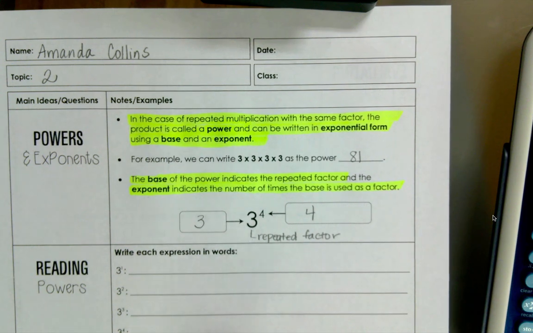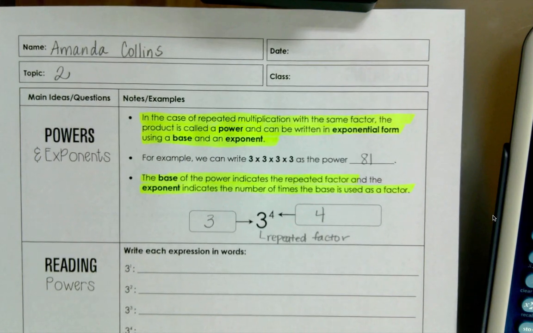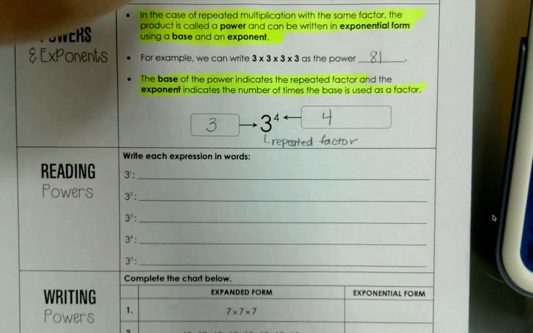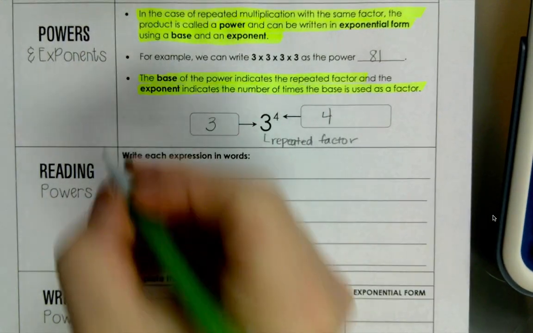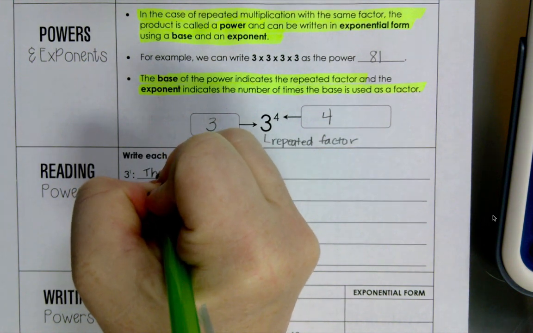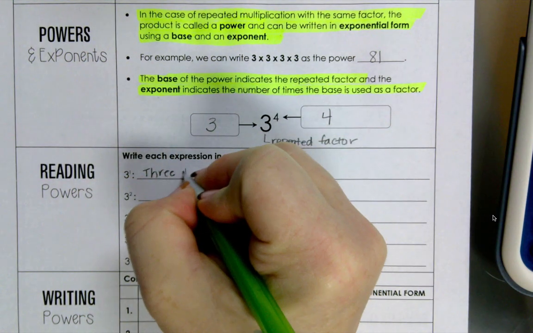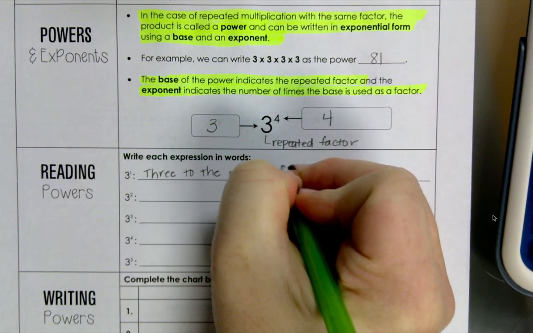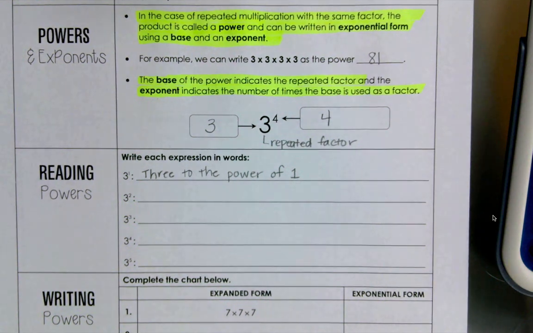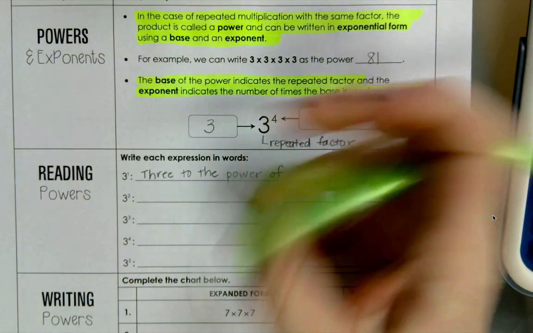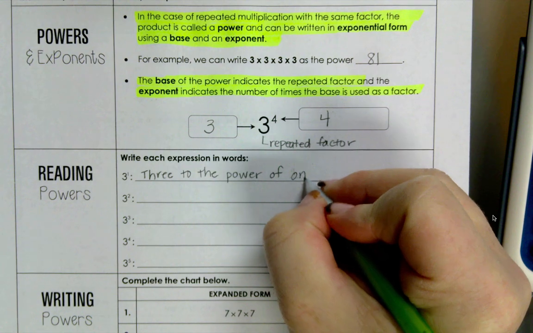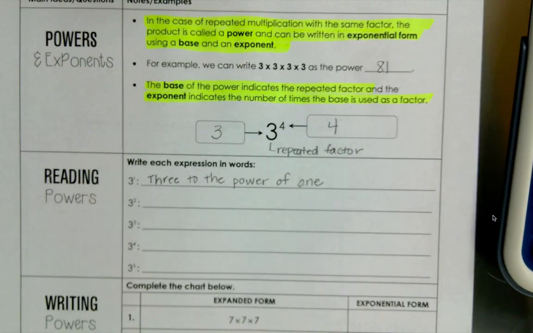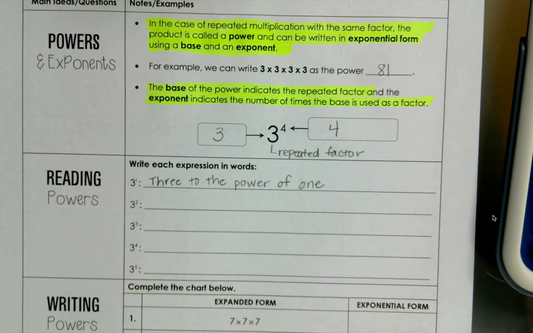Okay. So we're going to write each expression in words so that we can use that vocabulary. So we have 3 to the power of 1. Look at me. Didn't use my words. You need to write the words out. Please, I don't want to come by and see that you put 3 in a 1. Like the word. Write it out.